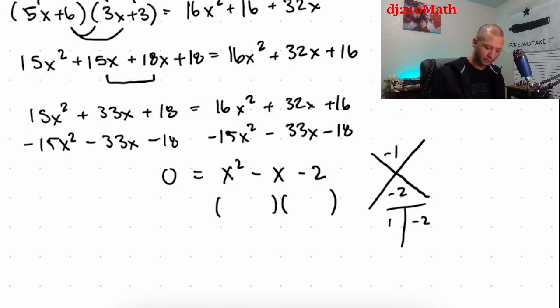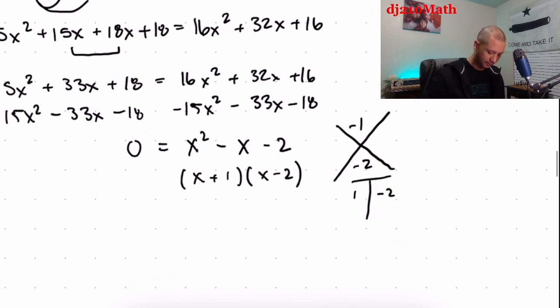When you add them together, yeah, so positive 1, negative 2. Okay. This is saying that x plus 1 is equal to 0, x minus 2 is equal to 0. Or x is equal to negative 1. x is equal to 2.